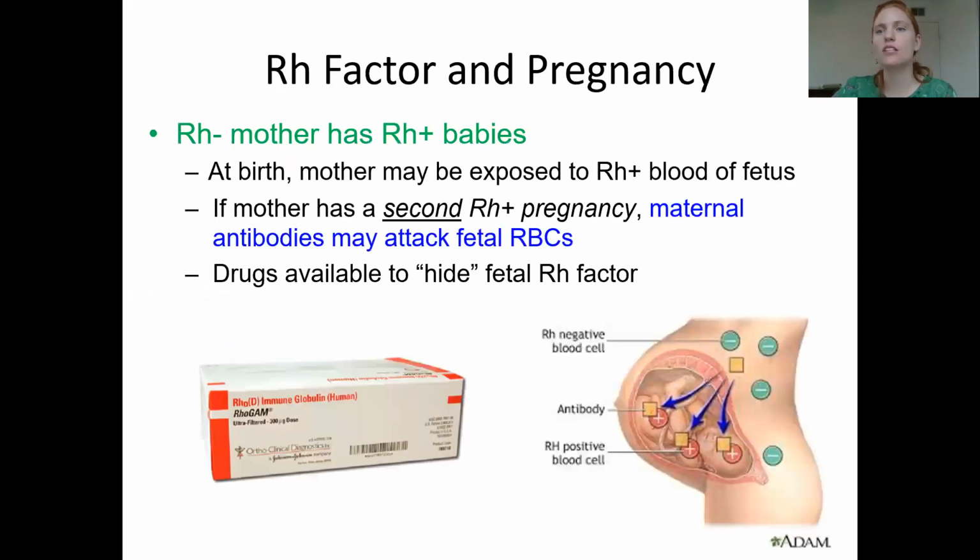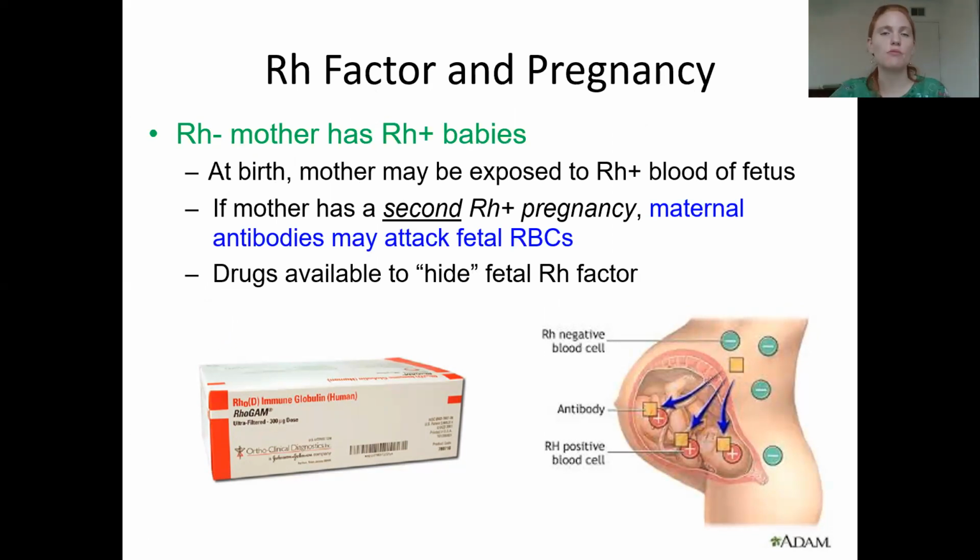Okay, so let me give you a common example of when this is the case. If you are an Rh negative mother, specifically a mother who is Rh negative, and the fetus inside of the mother is an Rh positive baby, which means that the gene would have to come from the father.